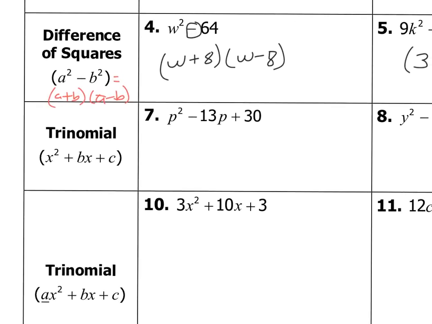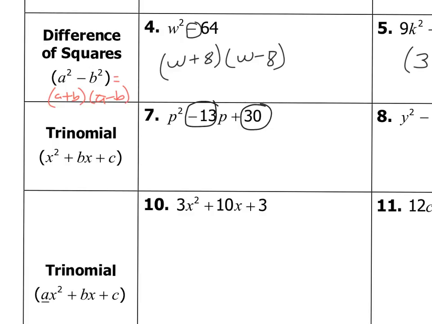Number 7. So when we're factoring a trinomial, we're trying to figure out which two numbers multiply and give us 30, and add and give us negative 13. Okay, so just think of those factors of 30. Okay, so that means we're probably going to have two negative numbers, right?